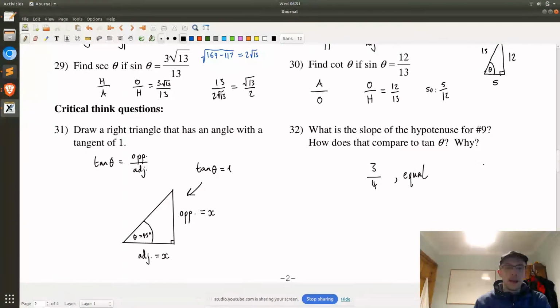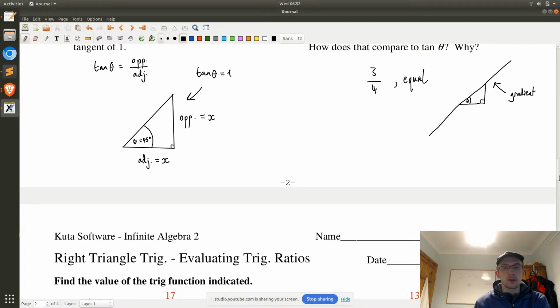Why? Because the tangent of theta is actually equal to the slope of the line. When you have an infinite straight line and you put a right triangle underneath it, the gradient of this line is actually equal to the tangent of the angle of the line relative to the x-axis, going counterclockwise from the x-axis.